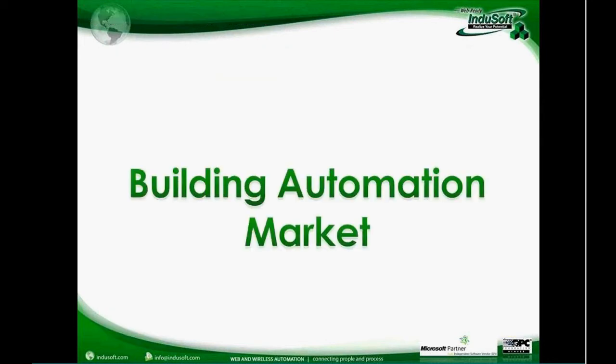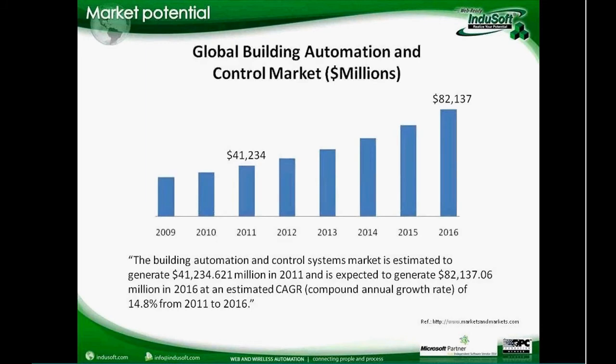Talking a little bit about the building automation market, this research came from Markets and Markets. According to them, the building automation control systems market is estimated to generate around $41 billion in 2011, and they expect it to generate $82 billion in 2016, an estimated compounded annual growth rate of 14.8% from 2011 to 2016.